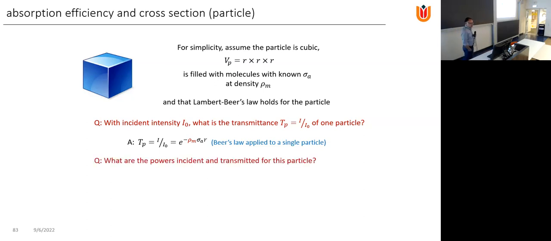So if we have this incident intensity and this detected intensity, what are then the powers that are incident and transmitted for this particle? Intensity is watts per square meter, and power is in watts.